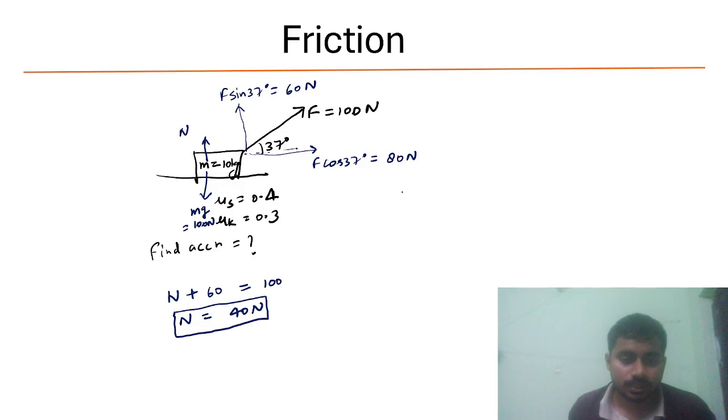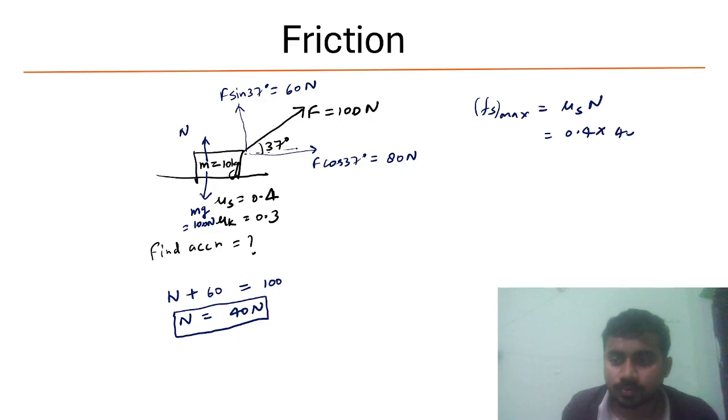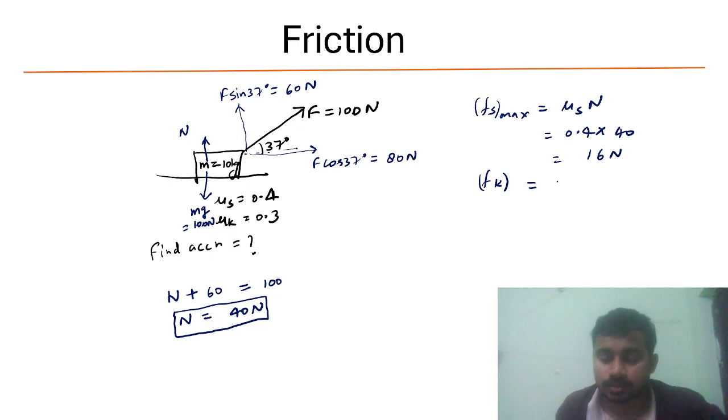Now let's find the Fs max value. Fs max value will be mu s into N, that is 0.4 into 40, that is 16 Newton, and kinetic friction is equal to mu k into N, that is 0.3 into 40, that is 12 Newton.